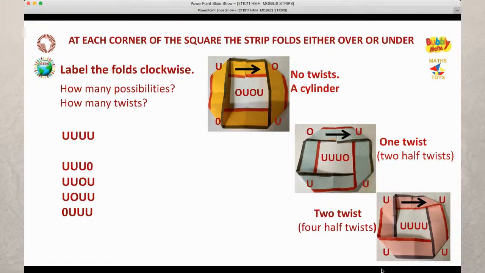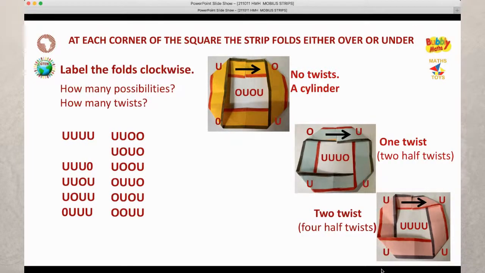So 5, and now here there are 6, because here there are all the ways in which you can have 2 unders and 2 overs, and the different permutations of the unders and overs. The permutation word just means how many different ways can you arrange them.